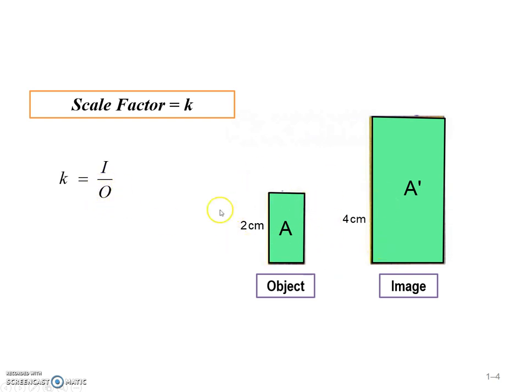By looking at the lengths of sides given, the length of the image is 4 centimeter and the length of the object is 2 centimeter. So using the formula K equals I divided by O, we divide 4 by 2, and we come up with a scale factor of 2. In other words, the length of side will increase by 2 times.